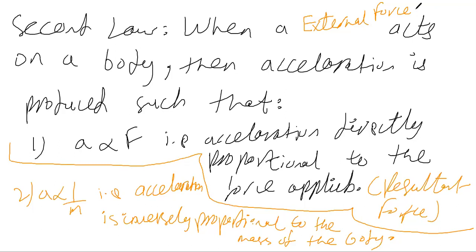Hence, this is an inversely proportional relationship. What is an inversely proportional relationship? One quantity increases, the second quantity decreases. So if the mass is small, more acceleration will be produced when you apply an external force. But if the mass is big, less acceleration is produced. Clear? This is what Newton's second law is saying.